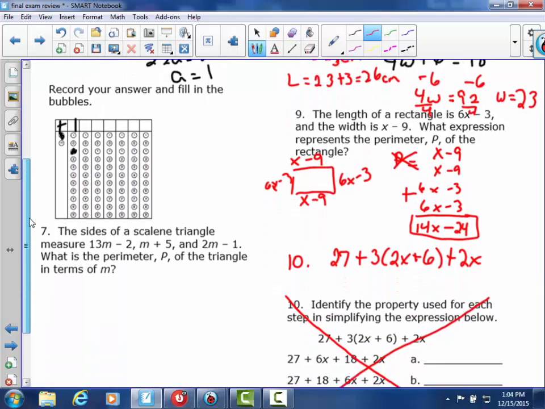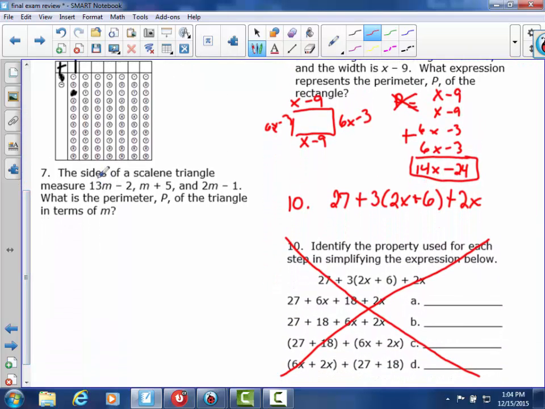Scroll on up some more. All right. Question 7, the sides of a scalene triangle measure 13m minus 2, m plus 5, and 2m minus 1. What is the perimeter P of the triangle in terms of m? So the perimeter is we add up all the sides. So we have 13m minus 2, m plus 5, 2m minus 1.